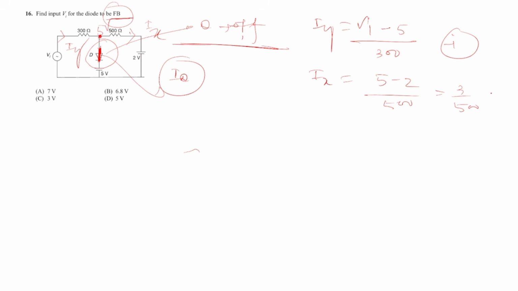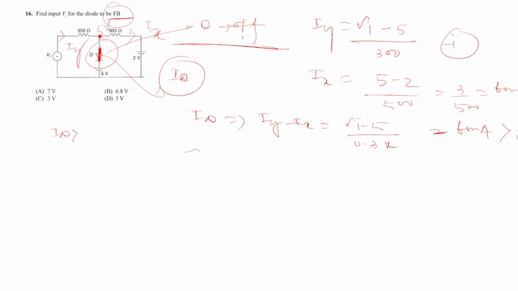Right? Or I can write this as 6 milliampere. So what is ID? IY minus IX. VI minus 5 by 0.3 K minus 6 milliampere is greater than 0.